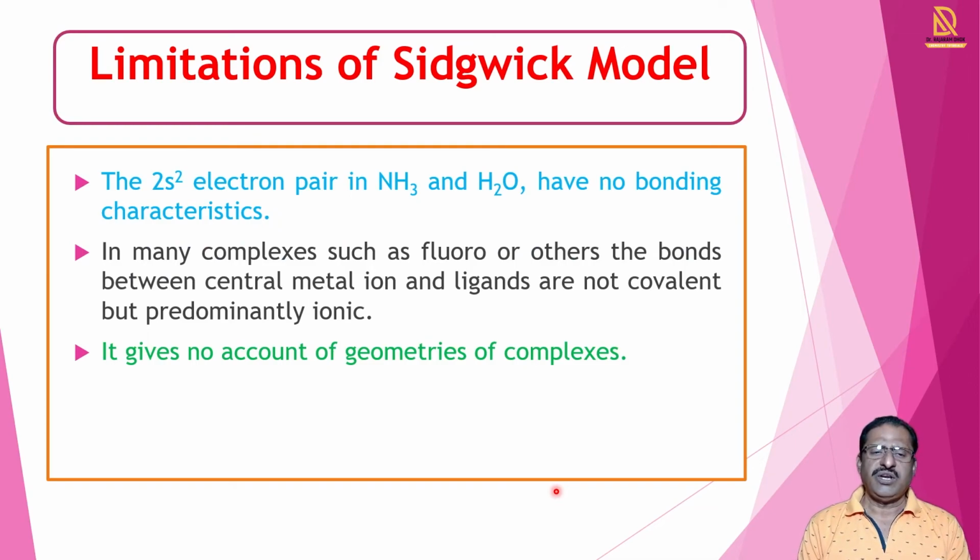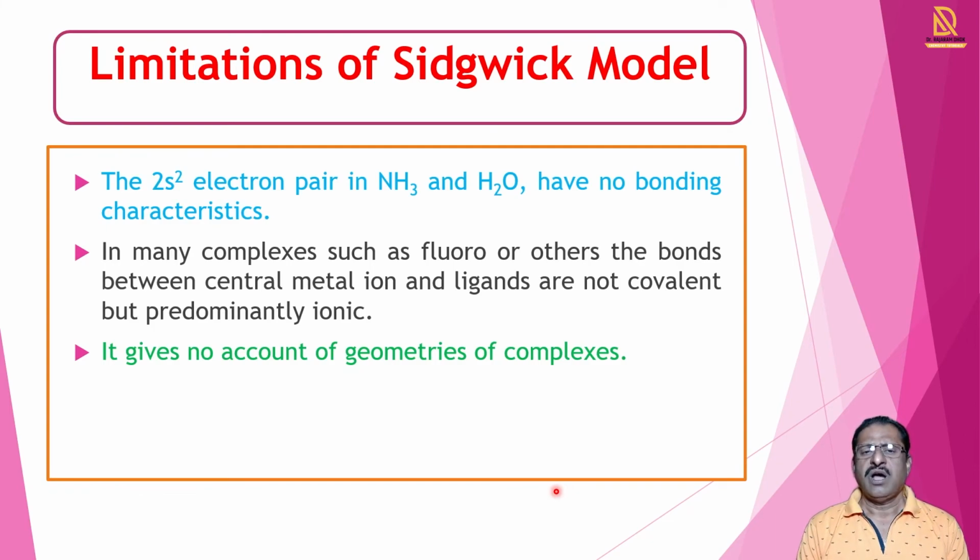Then the lone electron pairs in ammonia and H2O do not have any bonding characteristic, so how do they donate electrons? In many complexes such as fluoro complexes, the bonds between the central atom and ligands are not covalent, but dominantly ionic.